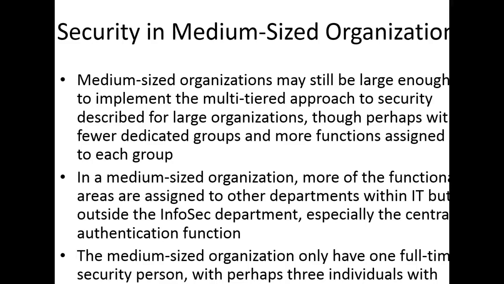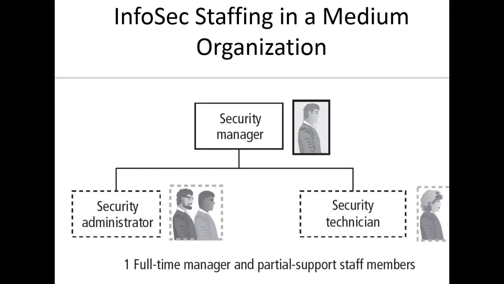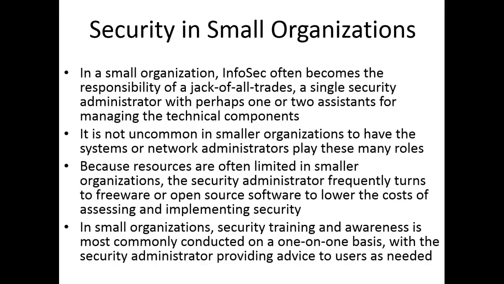The medium-sized organization may have only one full-time security person, maybe with perhaps 3 individuals responsible for implementing the information security responsibilities. So they have a security manager, a security administrator, and maybe a part-time technician, or up to 3 technicians that can help support the security responsibility of the organization.